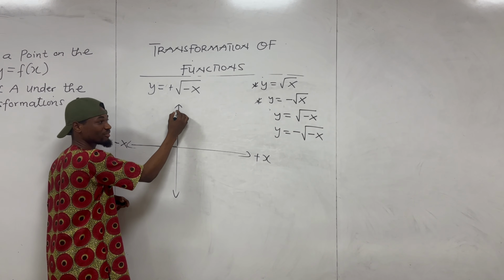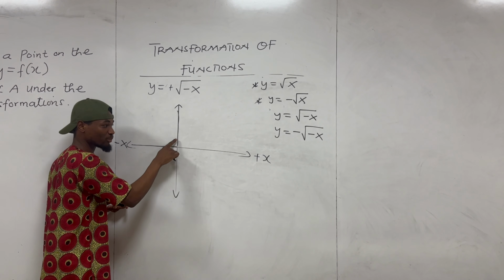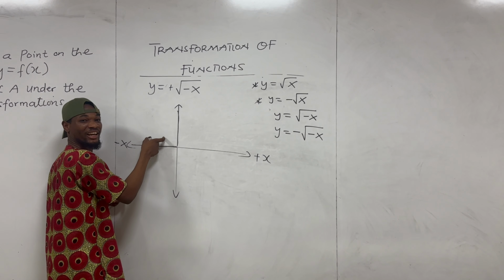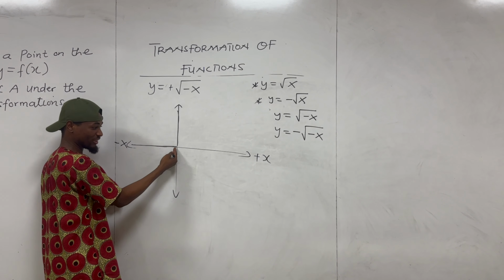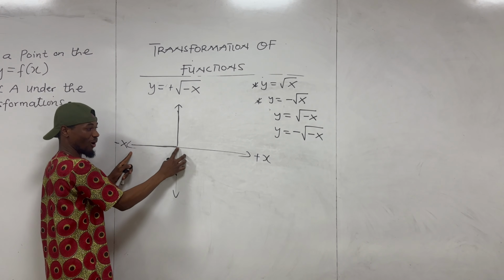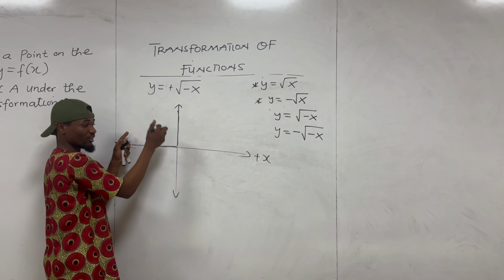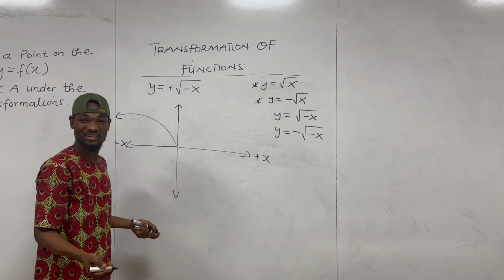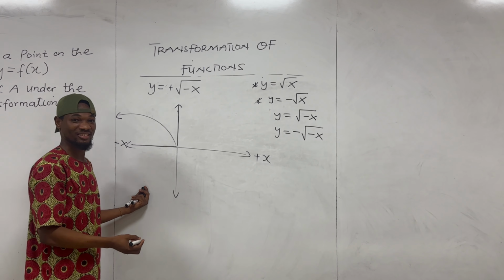Viewers, please take note: this is negative y, this is positive y. So I'll work within the second quadrant, with negative x at this side and positive y here. So I have it this way. As simple as that.